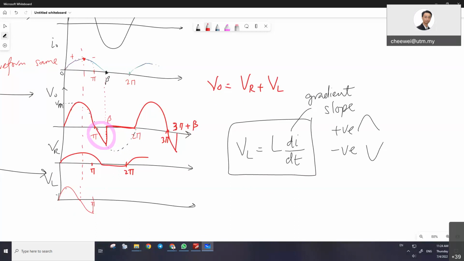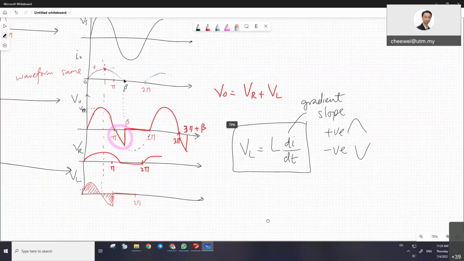Okay, so this is the positive part and the negative part, differentiated by the peak reference point of the output current. VL equals L di/dt. And then what happened from here to 2 pi? 2 pi is here. It will be 0. And then it repeats again, okay, the cycle. Are you with me?